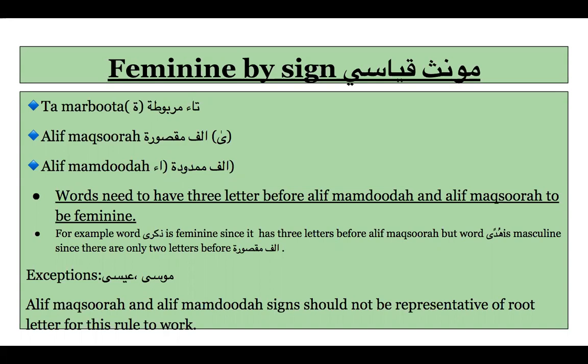They cannot coexist, right? So one of these 3 signs: ta marbuta, alif maqsura, alif mamduda. Everyone, please type: what are the 3 signs? I know the slide is there, but I still want you to type because I want each and everyone to know this.